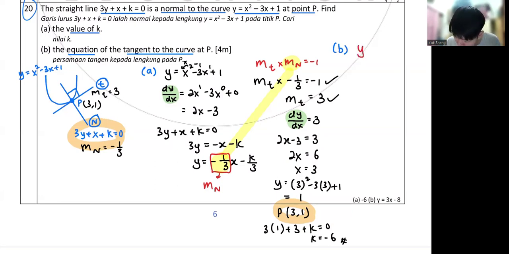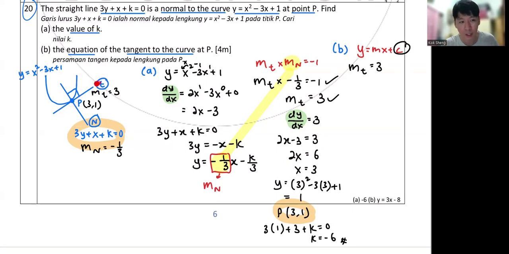So actually we've got everything. Follow the straight line, y equals mx plus c. Gradient, done. Then to find the c, we need to sub in a point. The only point on the line is point P, 3, 1.